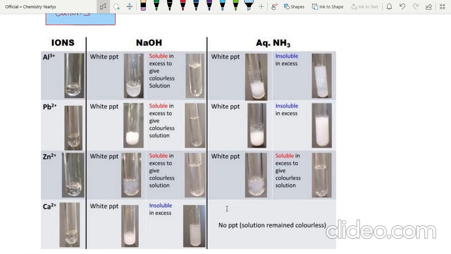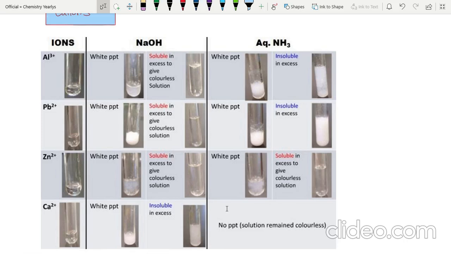But it is not a hard and fast rule. For example, if it is dissolved with some other salt, or it is a compound of aluminium like aluminium chloride, it can have a color. But most of them are colorless in their solution form, like the zinc, the calcium, the lead, the aluminium.